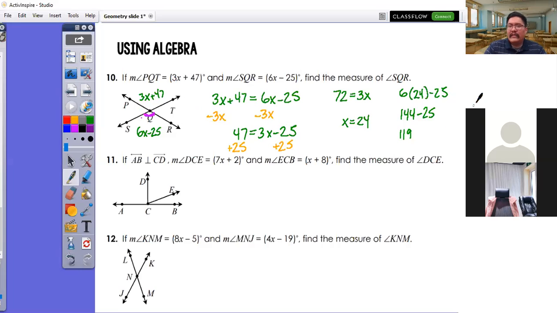And I'm running out of space. Sometimes this area on the far right is blocked off and you can't see it. So I'm gonna just use this as the answer. It looks like I'm gonna have to start kind of backwards. Measure of SQR.